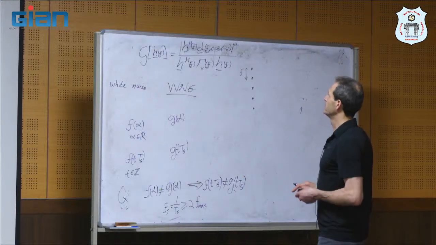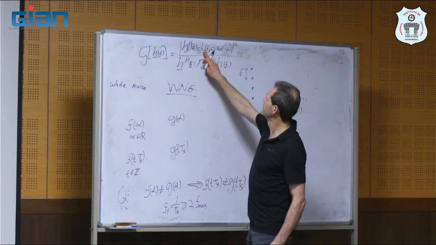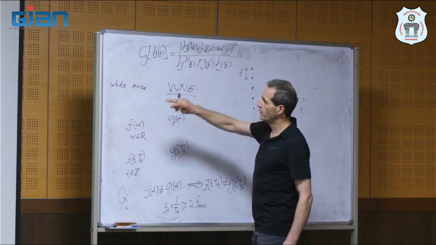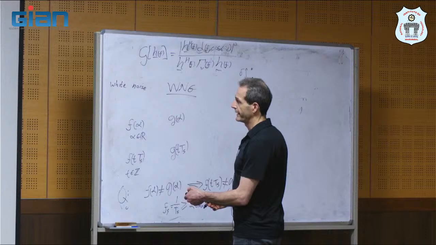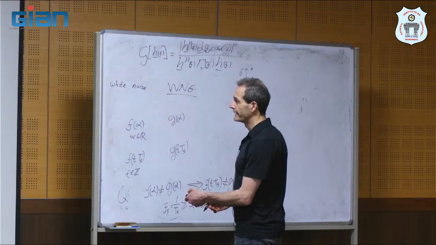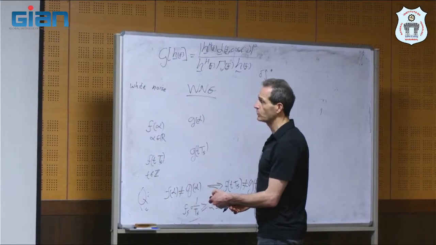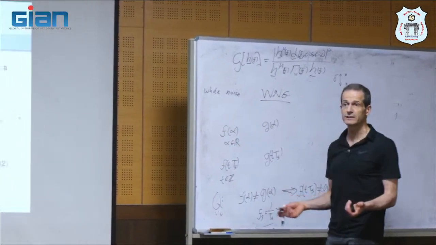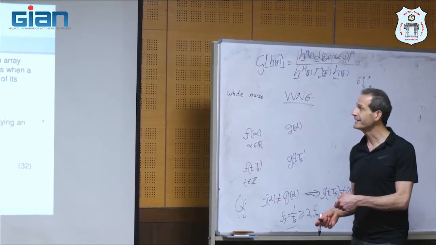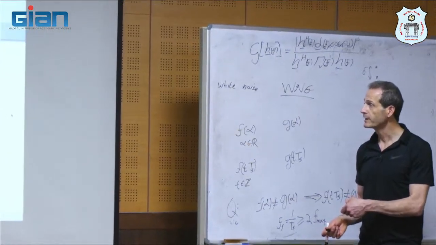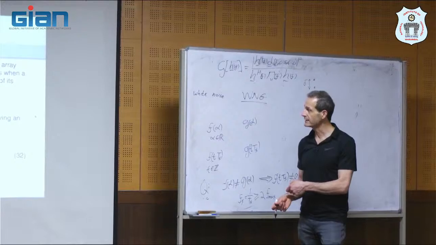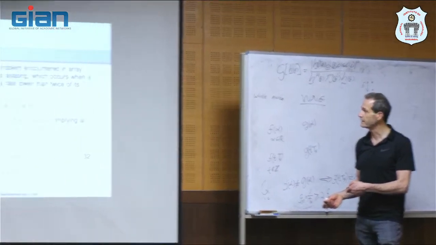Because if the steering vector for a certain direction theta 1, and for a certain direction theta 2, which are different, are the same, it means that we will not be able to distinguish between these two signals. So if we have high gain, high sensitivity, or high SNR for theta 1, we will also have high SNR for theta 2, because we designed the beamformer for theta 1.